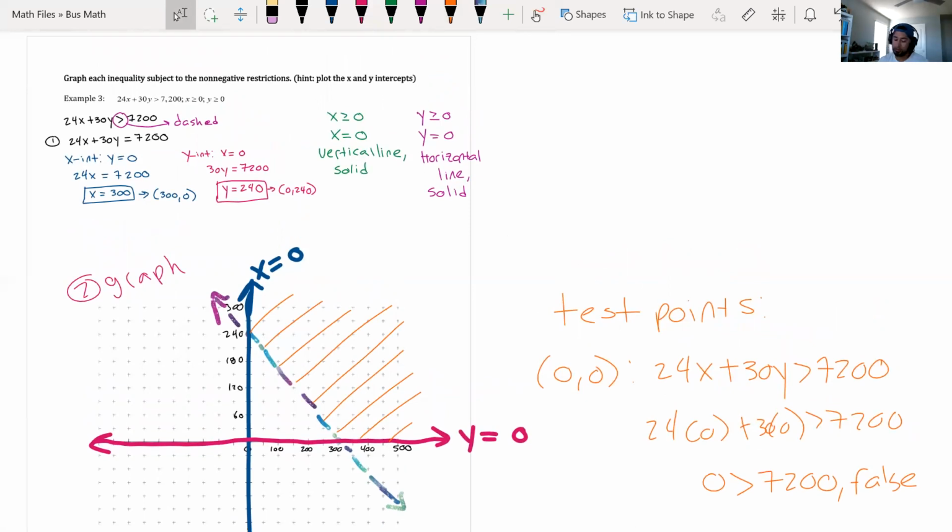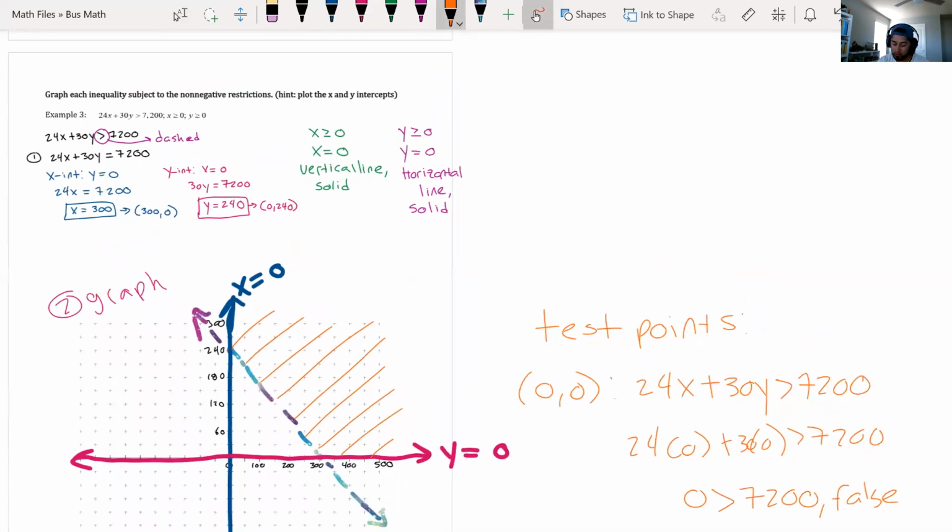And also the top of this problem said non-negative restrictions right here. The non-negative restrictions are known as x greater than 0, y greater than 0, because those restrictions will not allow us to have any negative numbers.